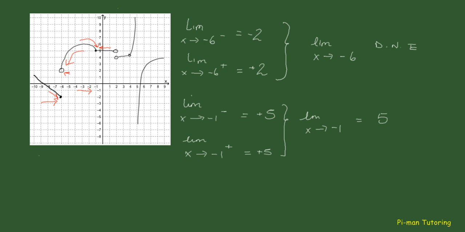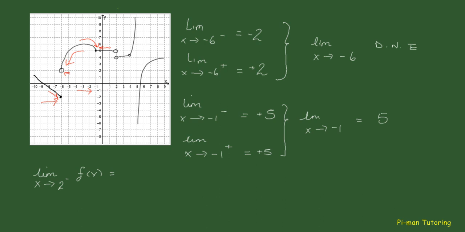Let's try the limit as x tends to 2 of f of x from the negative direction. So we want to approach 2 from the negative direction.